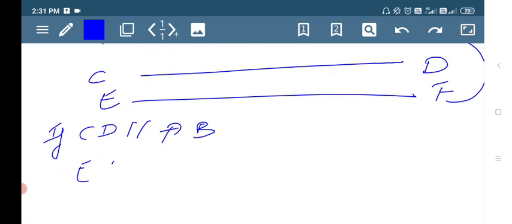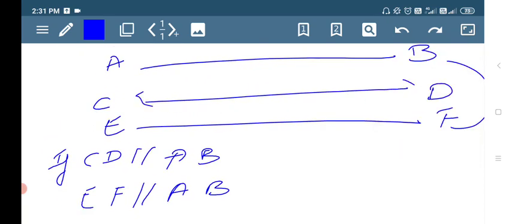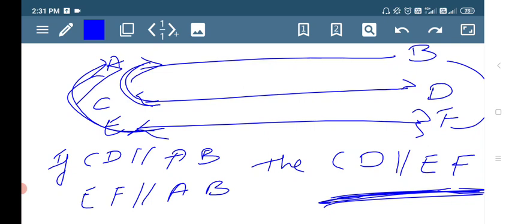So what can you say about the relation between CD and EF? Yes, very good. CD is also parallel to EF. That is the theorem statement: lines which are parallel to the same line are parallel to each other. Got it?